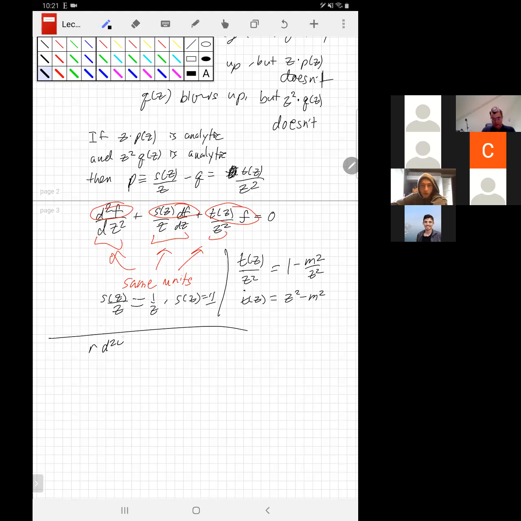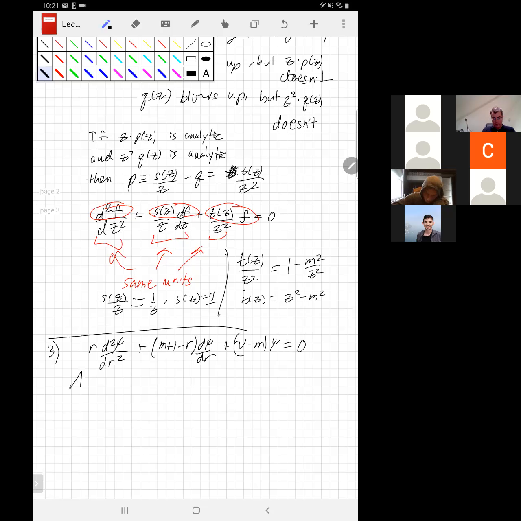r d squared psi by dr squared plus, we write it as m plus 1 minus r, d psi dr plus nu minus m times psi equals 0.